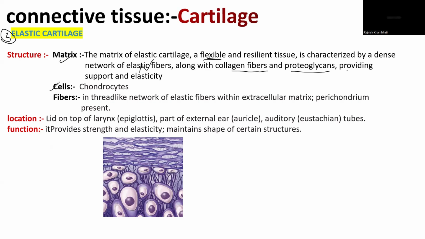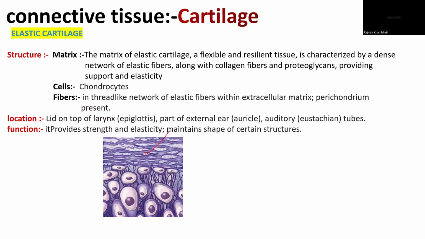Cells are known as, again, the same chondrocytes. Chondrocytes are present in lacunae. You can see the lacunae in this diagram. The pit-like structure is called lacunae, in which this cell is present. And fibers are a thread-like network of elastic fiber. You see this blue color structure, let me take some other color so that I can show you.